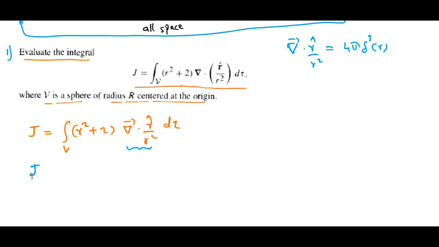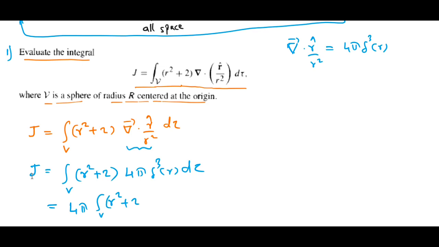That is, J is equal to the whole space integral of (r squared plus 2) times 4 pi delta cubed (r) d tau. Here this 4 pi I can bring outside, so it is 4 pi times the volume integral of (r squared plus 2) delta cubed (r) d tau.